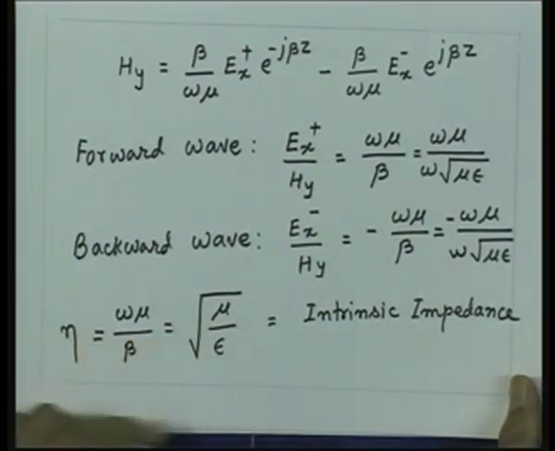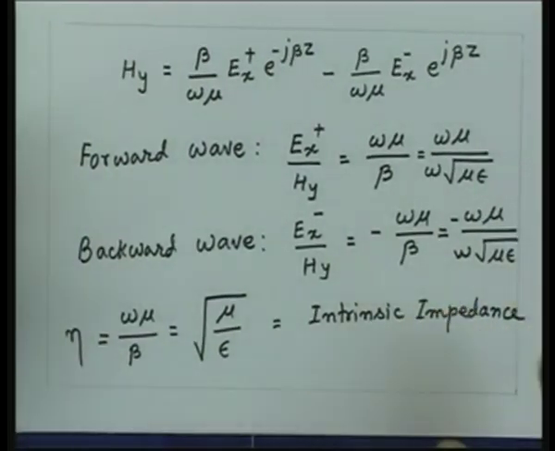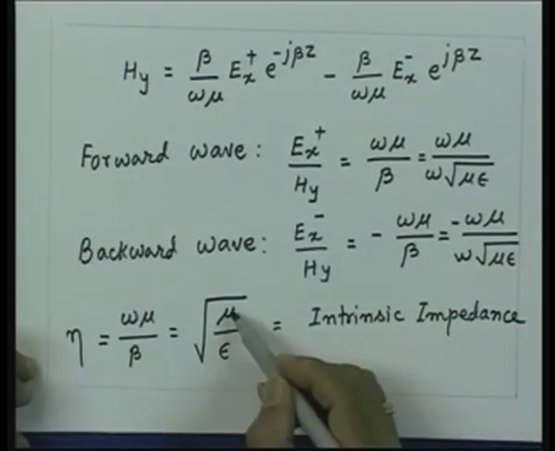If I take a specific case that if the medium was the free space, if we take an unbound medium like free space, we know the value of mu which is mu 0, we know the value of epsilon which is epsilon 0. So, I can substitute for this.